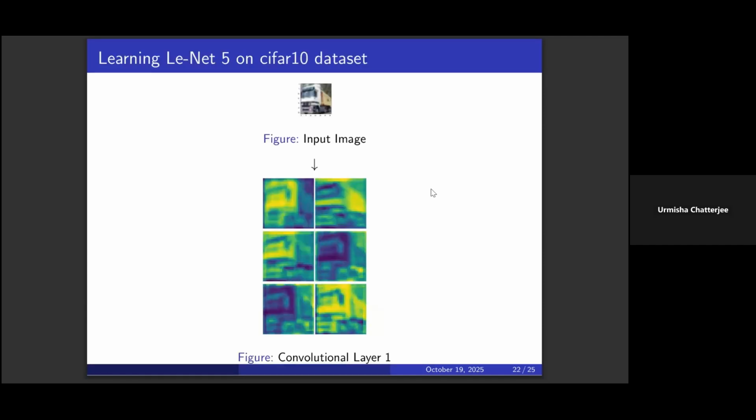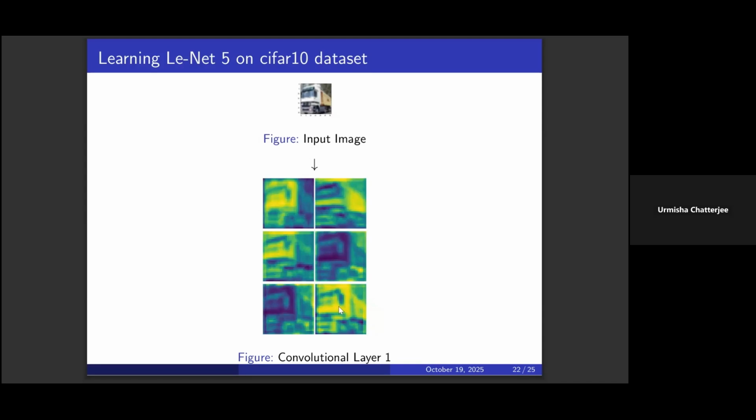So here is one example showing you how the images are broken into feature maps in the subsequent layers. This is with one image. This is the input image, a truck, and then after the first convolutional layer, this is how we have six images because we are using six output channel kernels in the first convolutional layer.